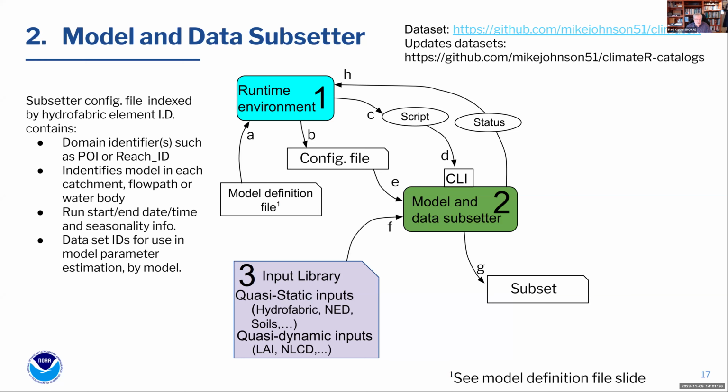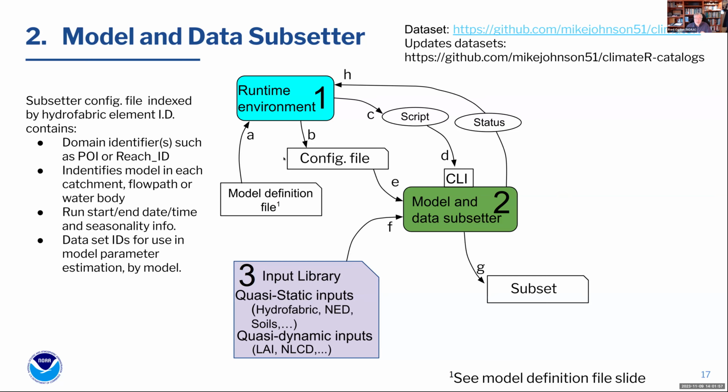We might want to use time varying leaf area index, for instance. And data set IDs for use in model parameter estimation by model. So for each model that you're going to run, you have to tell it which base maps you're going to use to estimate parameters in the setup workflow.